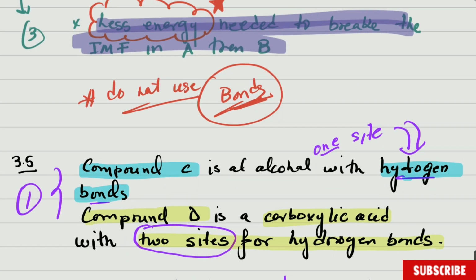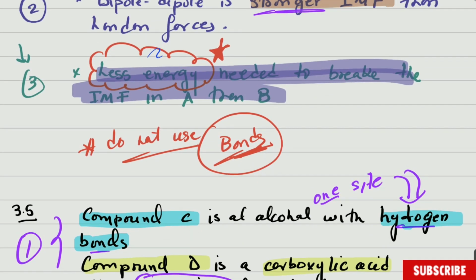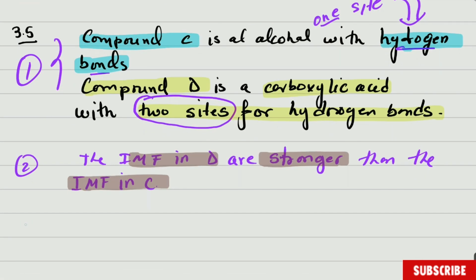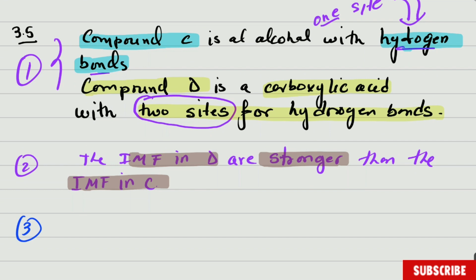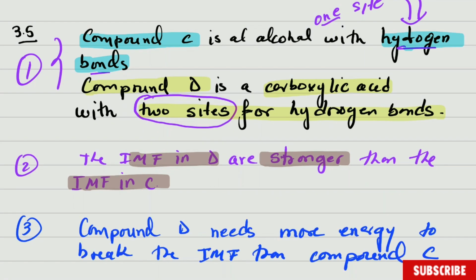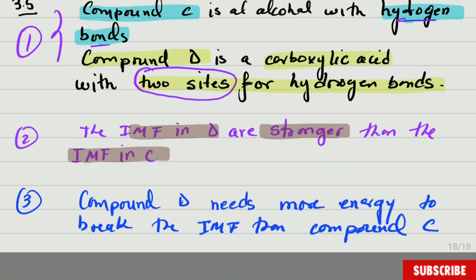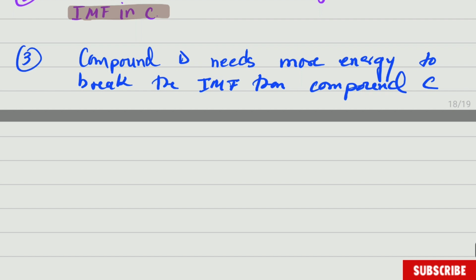And again, we go to the last part. Remember what was? Speaking about energy. So we are going to repeat the same thing. That one is the last one. You can say C needs less energy, or you can say D needs more energy. So we are going to say compound D needs more energy to break the intermolecular forces than C. And that is the final answer for this explanation.